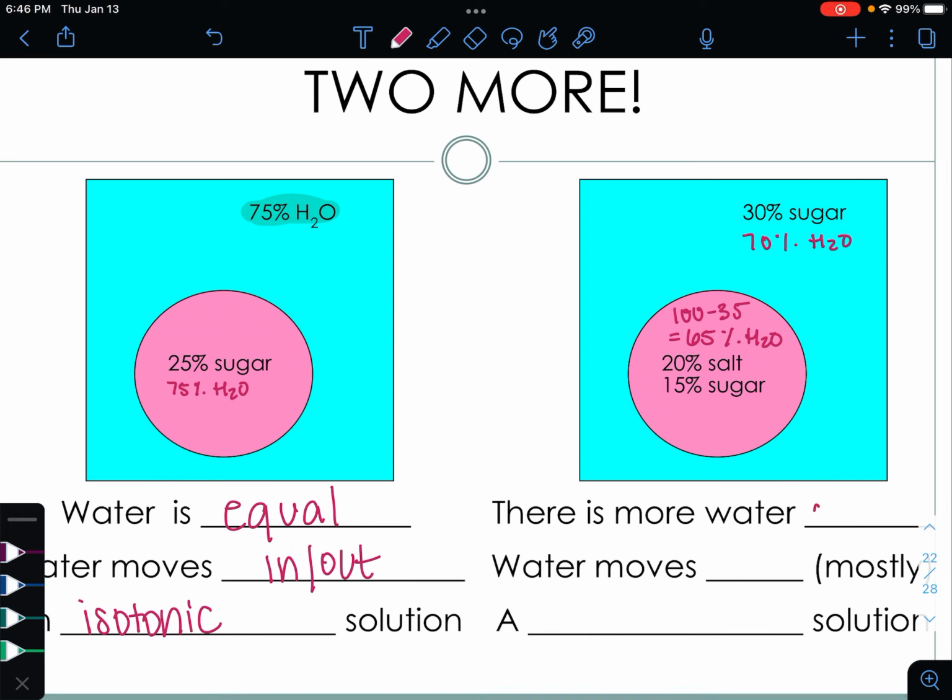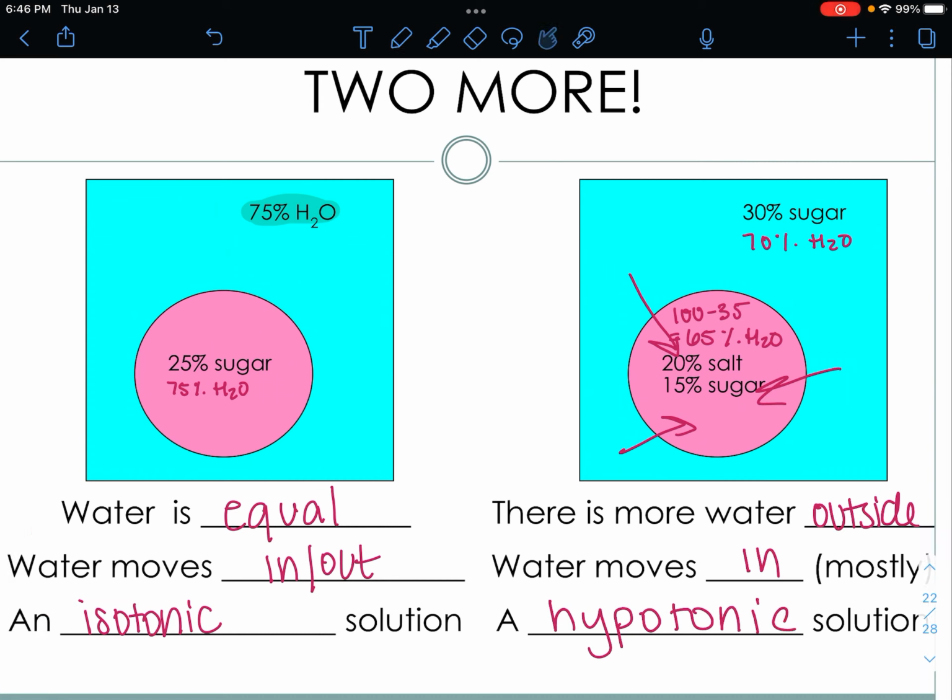Okay, so I would have more water outside. Water is going to move in. Water moves in. My cell will get bigger, like a hippo. So my solution is hypotonic.